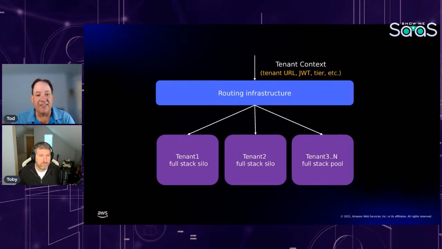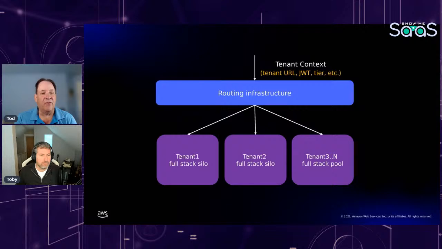And then incoming is some kind of tenant context, a URL, a JWT, some kind of tier could be driving this experience as well. What mechanism is in that routing infrastructure to take that incoming context and connect it? Some things happen right in the API gateway, for example, or right in an ALB will resolve that routing, and it might already be resolved by the time you get in here. It depends on which stack you're running and which technologies you're running.